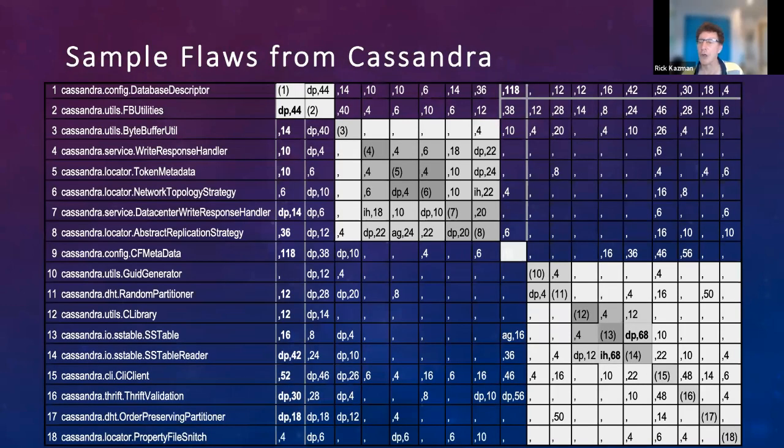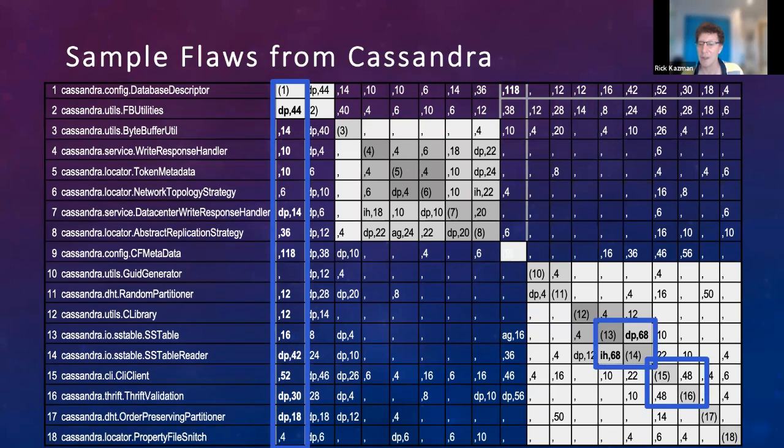So let's take a look at some real projects. This is from Apache Cassandra. Here you see an unstable interface in this first column. Over here, we see a cyclic dependency.